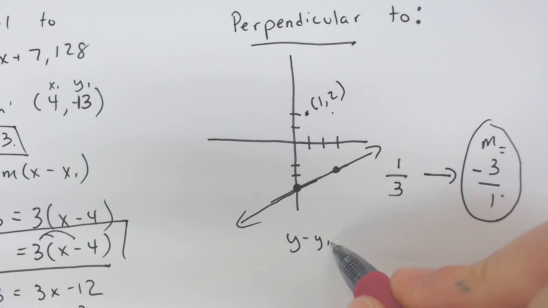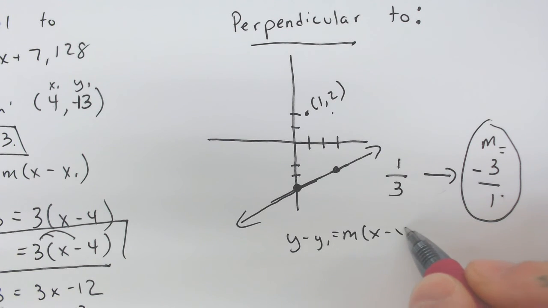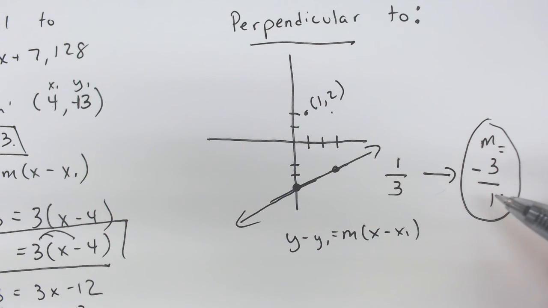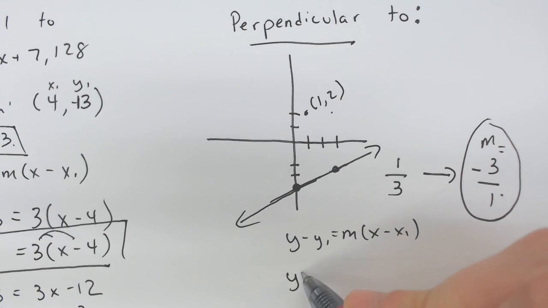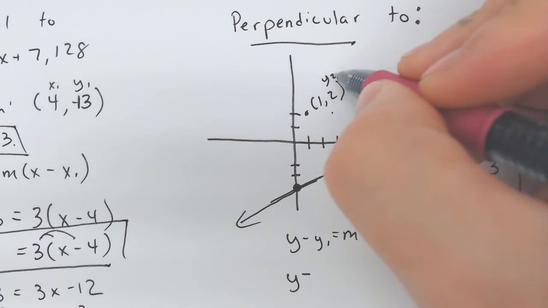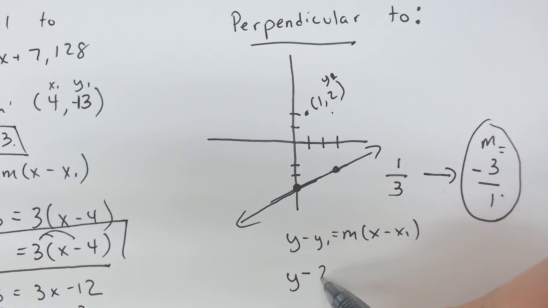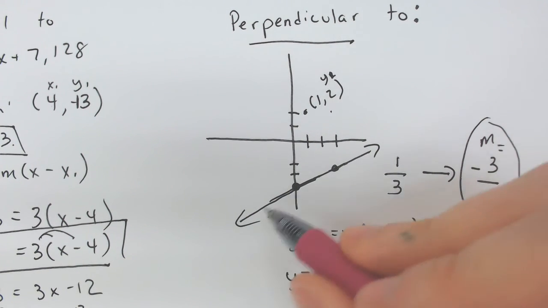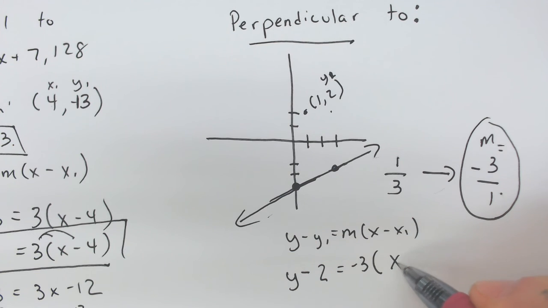Y minus y1 equals m parentheses x minus x1. Plug in the slope, which I'm going to really just plug in negative 3. I don't need to put it over 1. And plug in that point. Y minus 2 for the y1 would equal my slope, negative 3, which we found was perpendicular to the line provided, times x minus 1.